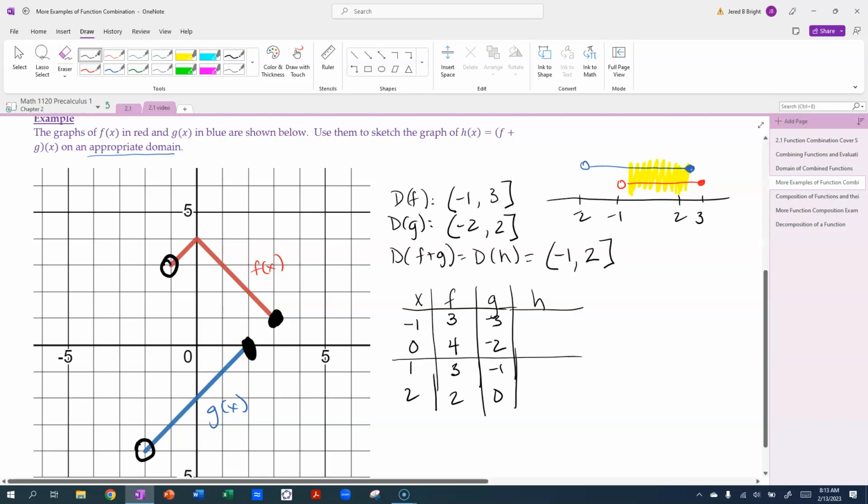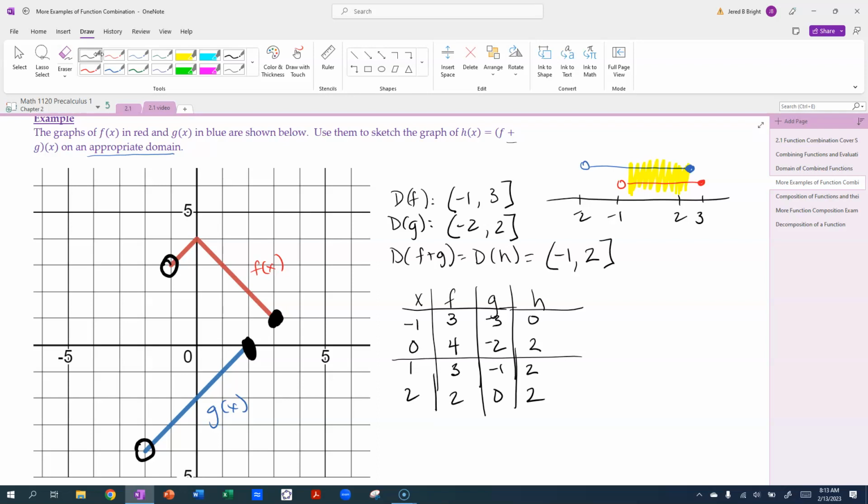To find h, h of x is just what I get when I add them. So literally add them, f plus g: that'd be a 0. 4 minus 2 is 2, and then 3 minus 1 is 2, and then 2 plus 0 is 2.